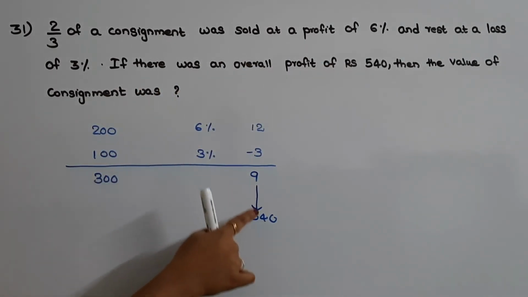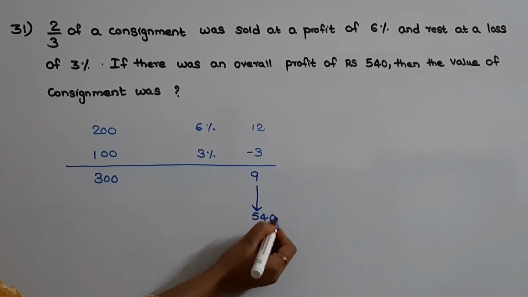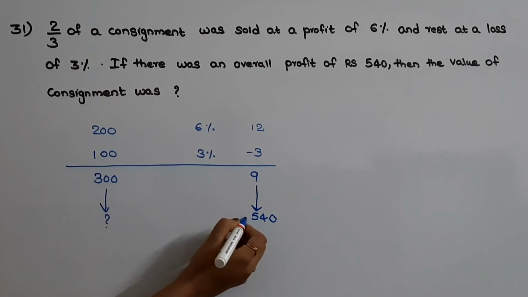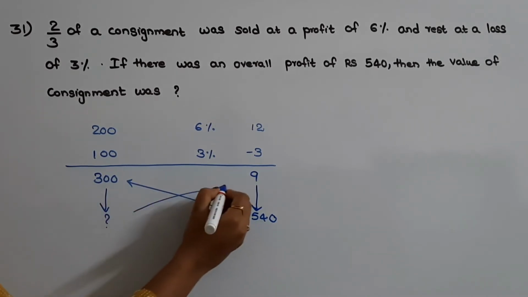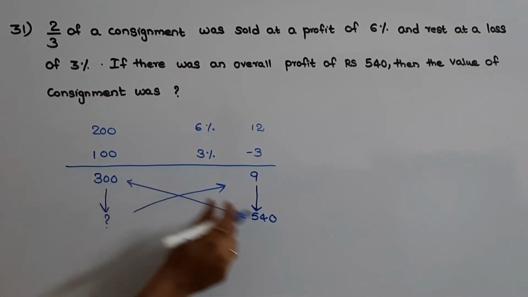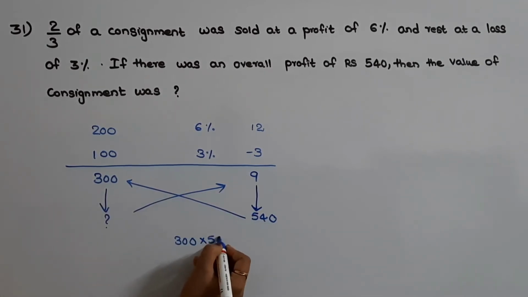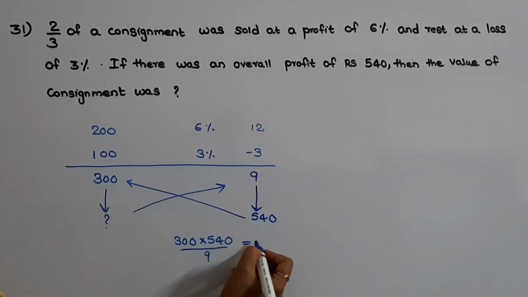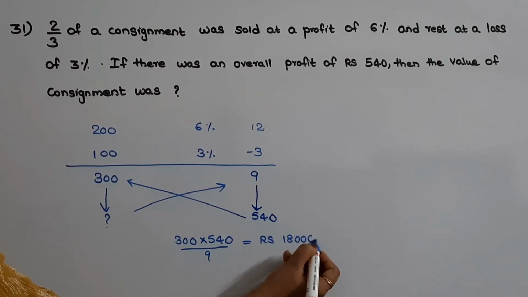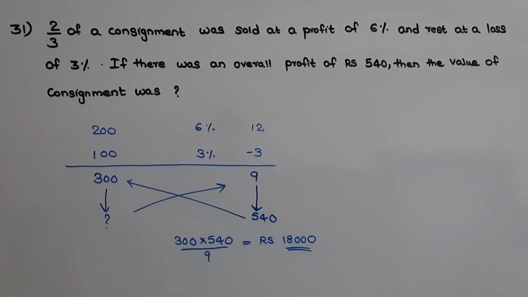So if 9 can be written as 540, how can we write this 300? This can be found out by cross multiplying. So this answer will be equal to 300 into 540 divided by 9. That will be equal to rupees 18,000. So this will be the value of consignment.